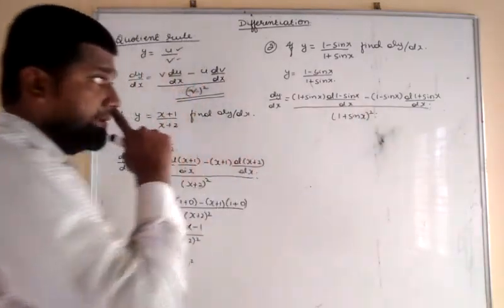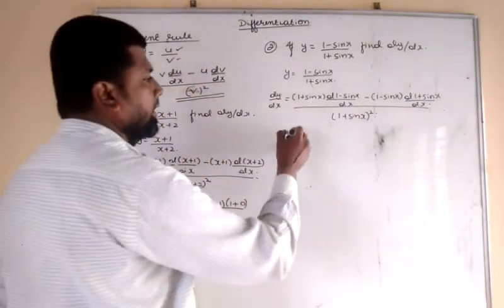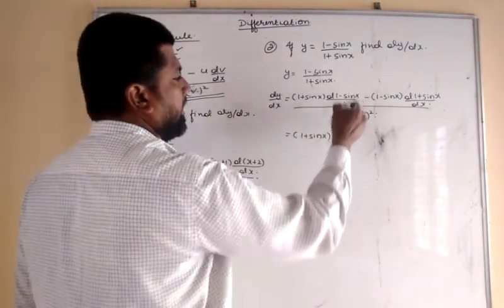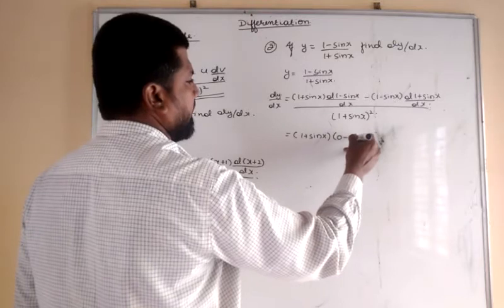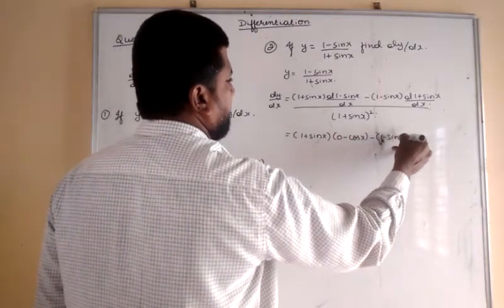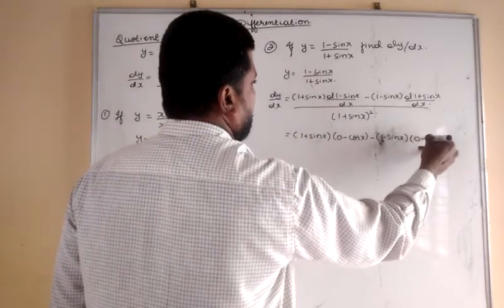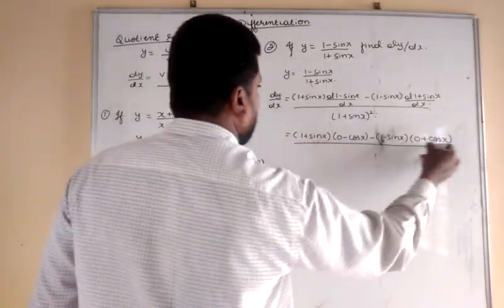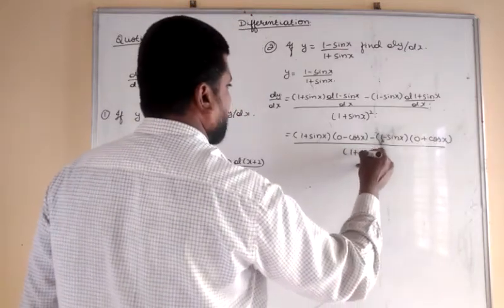So now let us differentiate here. 1 plus sin x: one differentiation is 0, sin x differentiation is cos x, into 1 minus sin x as it is, then 1 differentiation is 0, sin x differentiation is cos x, by 1 plus sin x whole square.